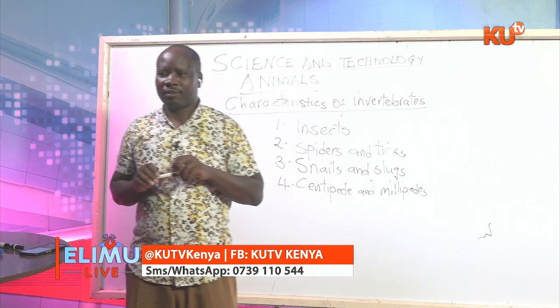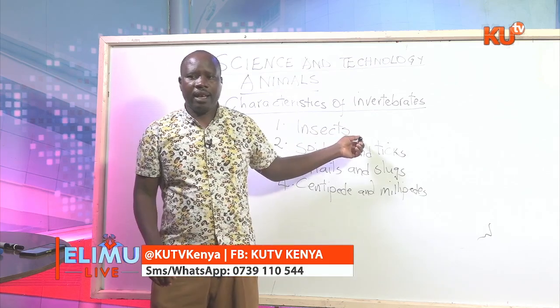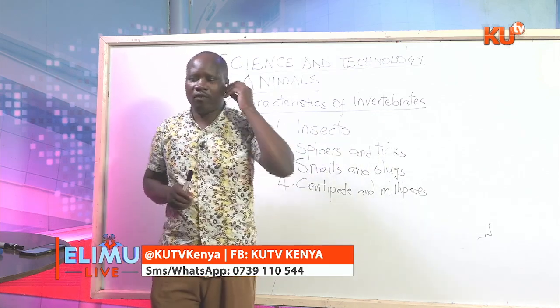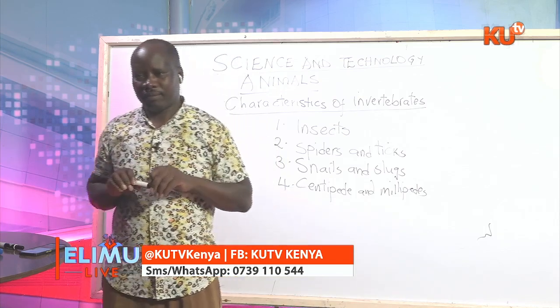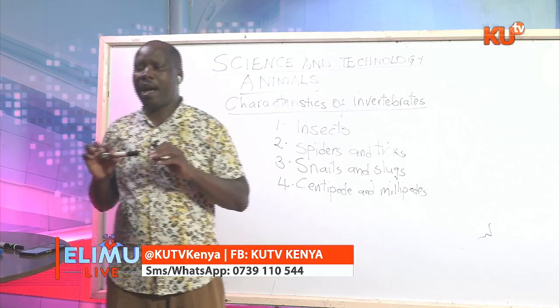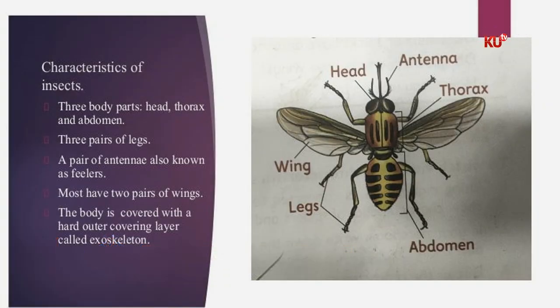Number one, any animal that falls under the category of insects must have 3 pairs of legs. And 3 pairs of legs, the word pair means 2. So 3 pairs of legs means they have a total of 6 legs. As we can see on our diagram, we can count. That is an example of an insect, most likely a bee. It has 3 pairs of legs or 6 legs. Characteristic number 2.